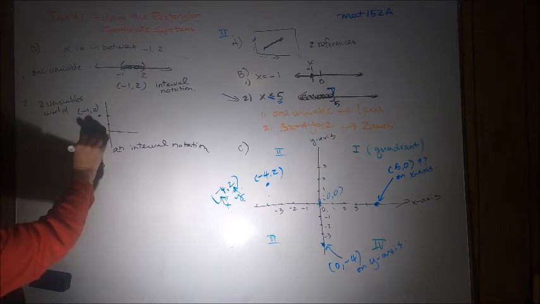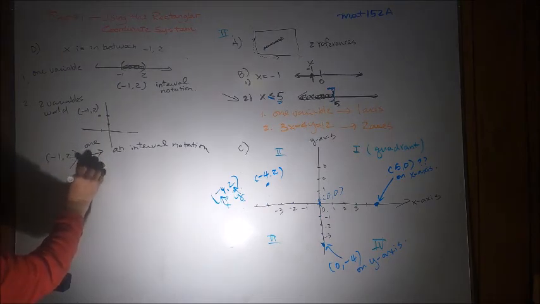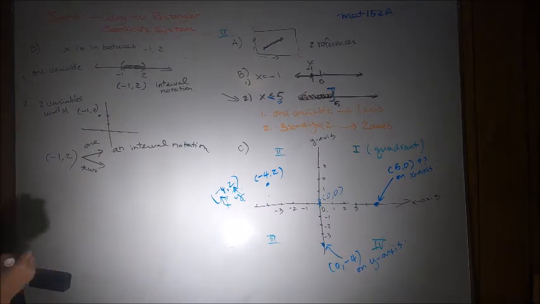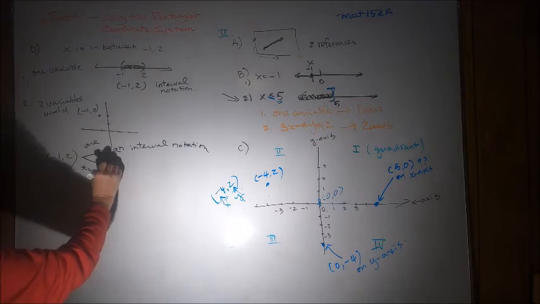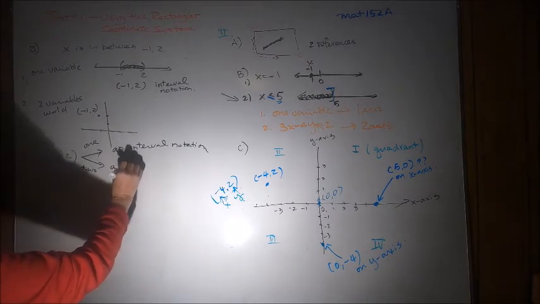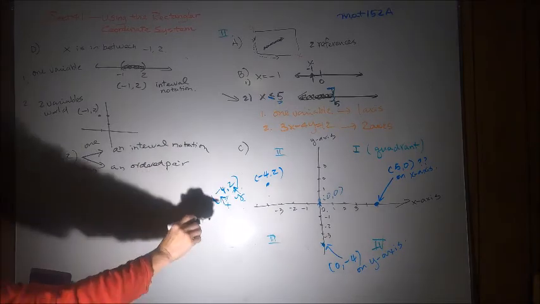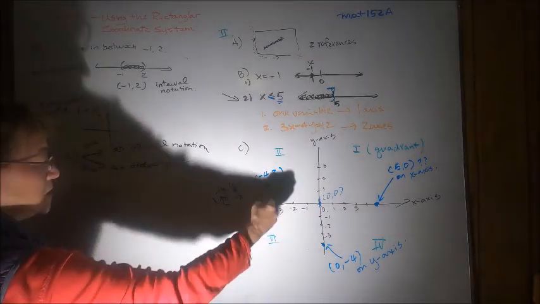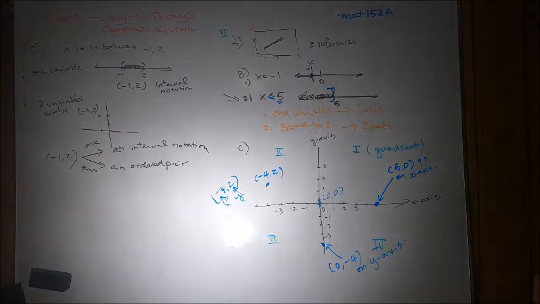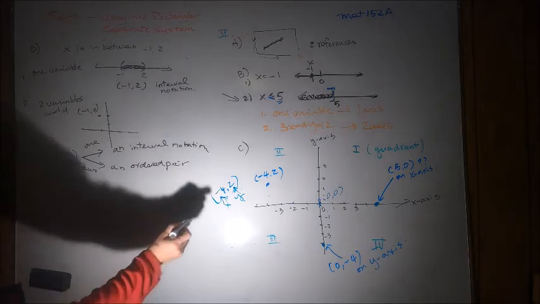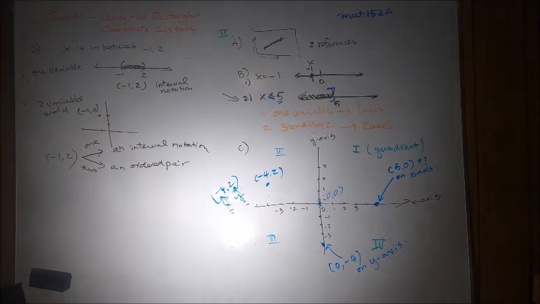In the two variables world, we call it an ordered pair. Any point in the two-dimensional world, X and Y, they follow the order, right? We call them ordered pairs.